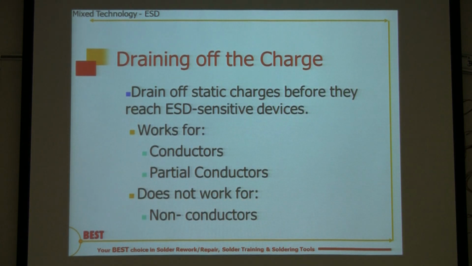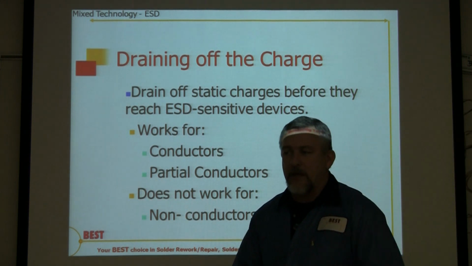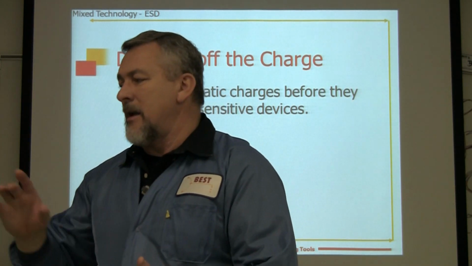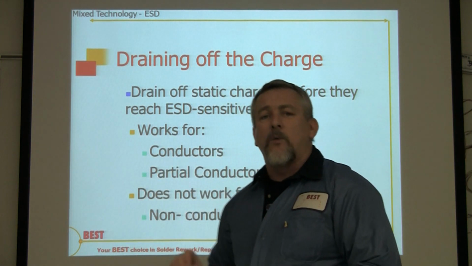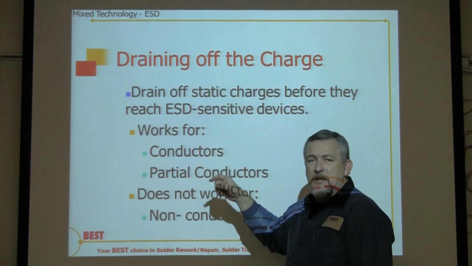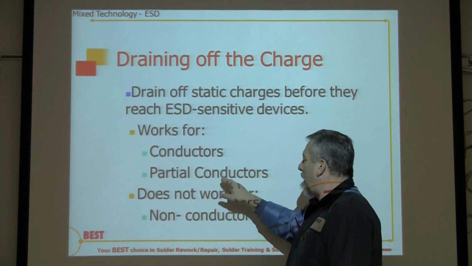Draining off the charge. How can we do this? Does the system we have been talking about work well? Wrist straps, ESD mats, or heel straps. Will this work well? Let me see. It works for conductors. Yes, because you're keeping it at ground potential of 0. So it's a straight shot to it. Partial conductors.